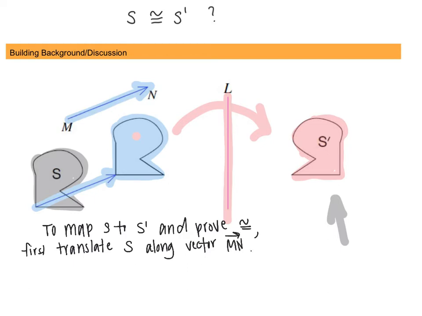Okay? Then we reflect across line L, and then it maps and it proves our congruence. All right? So this is like our little instructions that we write out when we actually are doing this. But yeah, let's go ahead and continue on to the next slide.